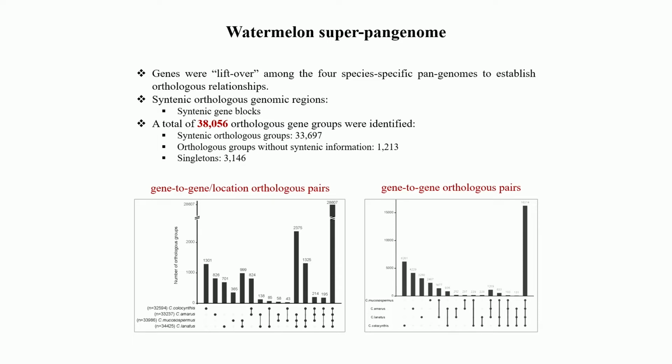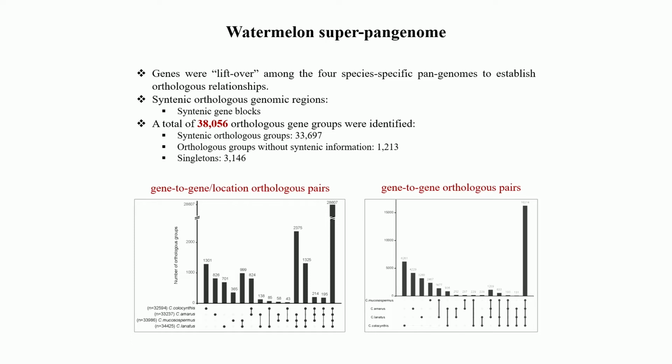We also use the syntenic orthologous genomic regions to identify syntenic blocks. In total, we identified about 38,000 orthologous gene groups, and most of them are syntenic orthologous groups, and we identified about 3,000 singletons. That means one gene in one specific species, the species-specific singletons.